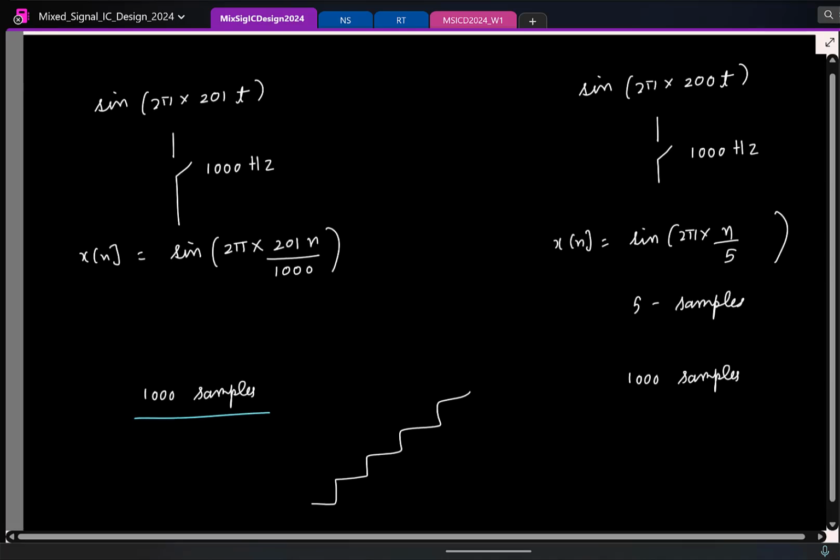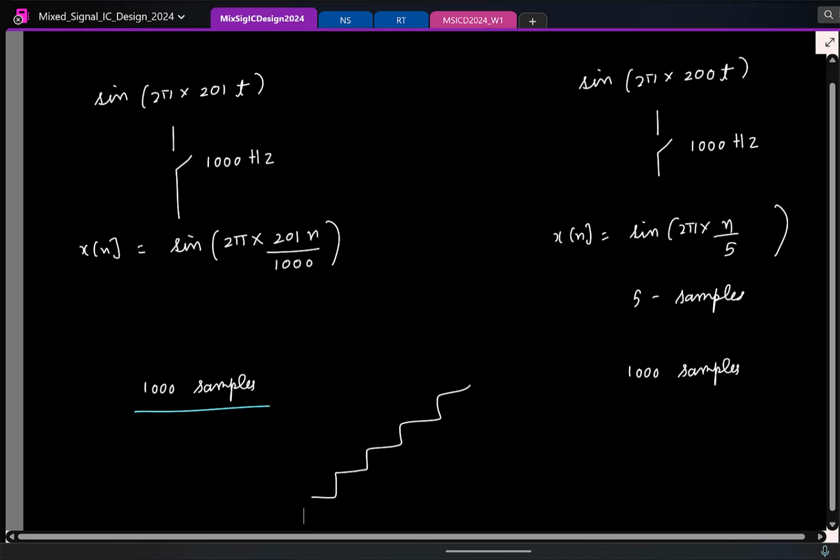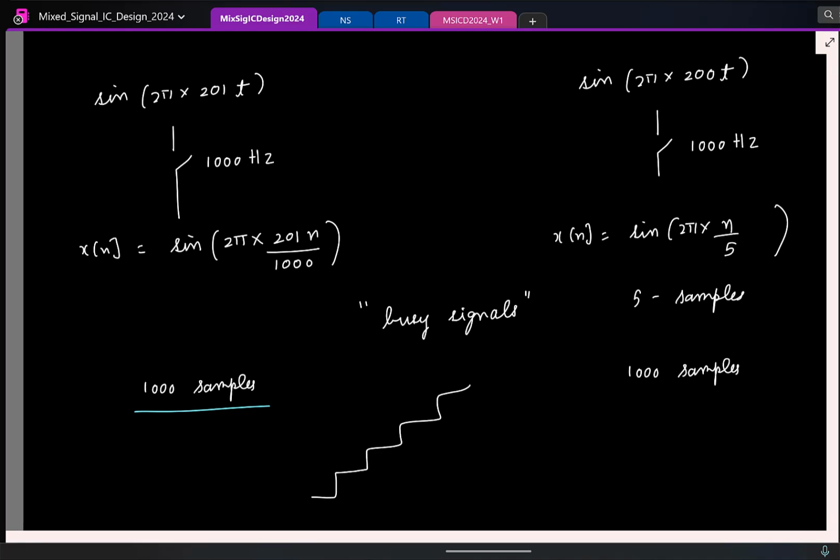So the bottom line is that as long as we have what are called BC signals, again these are loose definitions. By BC signals, I just mean that the signal spans the entire range, excites all possible quantizer levels, and there is sufficient variation from sample to sample. It is not repeating with a small periodicity.